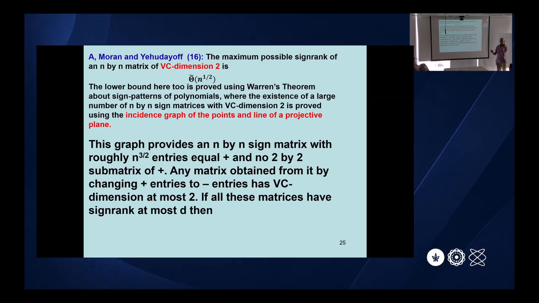You can easily convince yourself that if the VC dimension is 3, you do need a 2 by 2 submatrix of pluses. So this gives us many matrices of VC dimension 2, 2 to the n to the 3/2. Then we write the same inequality as before, and we solve it, and we get this lower bound. Again, it's very short and very simple.